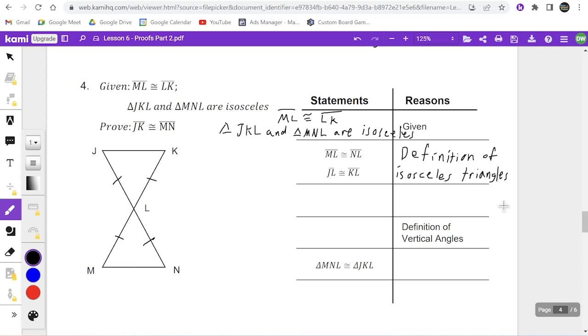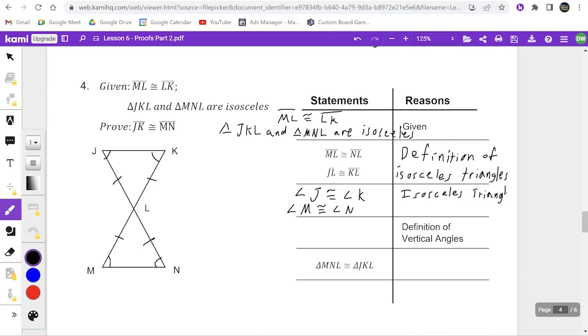But now, it doesn't say bisect or midpoint anywhere, so I don't want to say it now. Instead, I want to say that these angles are congruent and these angles are congruent. Right angles are congruent. They're not right angles, but they are congruent. I'm saying angle J is congruent to angle K, and I'm also saying angle M is congruent to angle N. And the reason why is because of the isosceles triangle theorem.